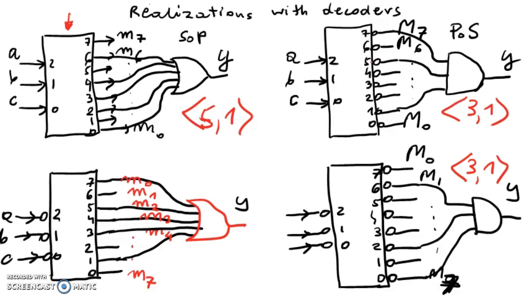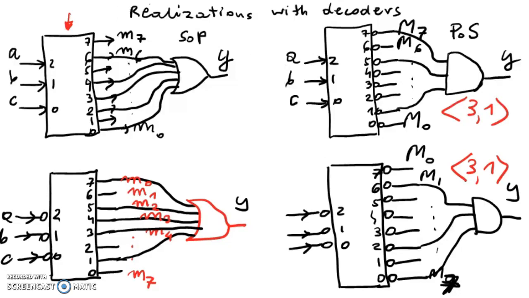But if you don't have maxterm versions, I mean the inverted output versions of this, and you have to use this or this, how to lower the cost? There is an approach to have the same cost as in this case, and even lower. I will show you in a moment.